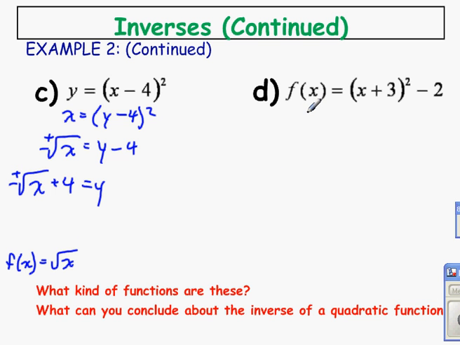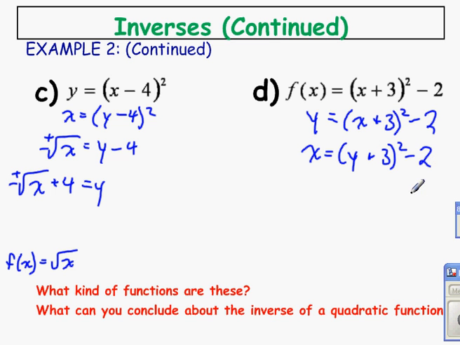Example D, first thing we'll do is change it into xy notation. Now we swap our variables. We switch x and y. Okay, we solve for y, so add 2 to both sides. We square root both sides, so that means both the x and the 2 are under the square root sign.